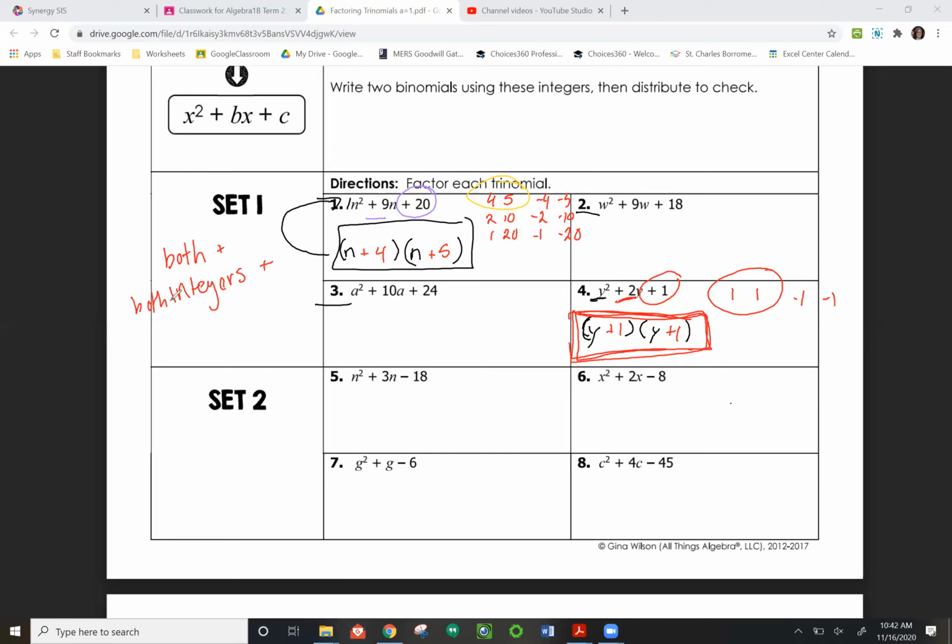So technically, if you knew that those were pluses, you wouldn't even have to go through in your mind the negatives. You wouldn't even have to factor those into play, because you already knew that if you have 2 plus signs in here, both of your integers are gonna be positive. But it's not necessary that you remember that in any way. It can just help you have a shortcut.